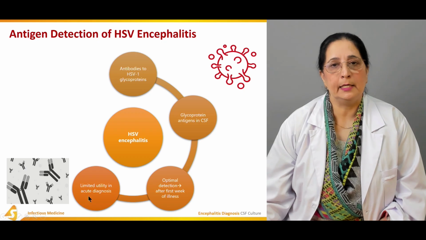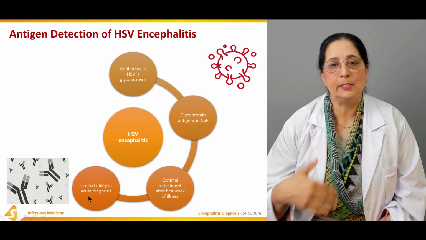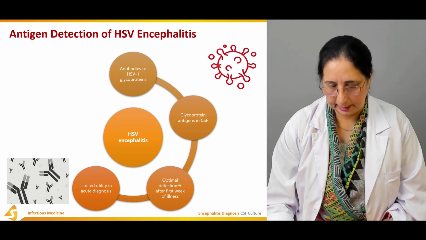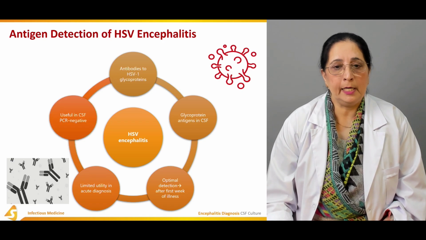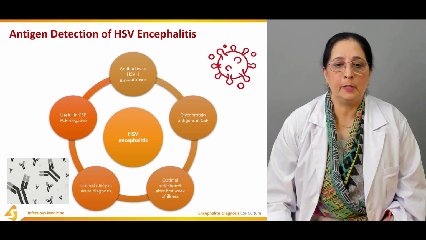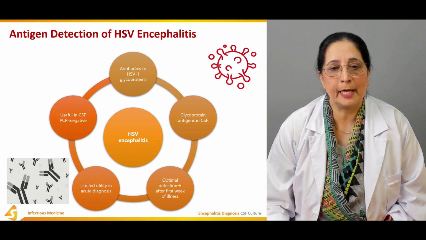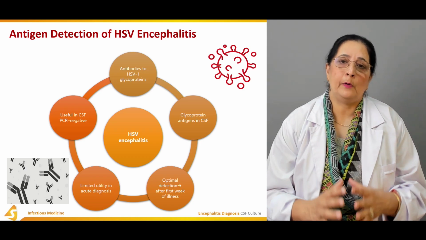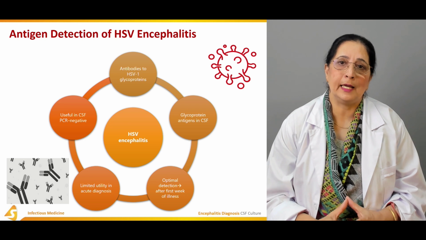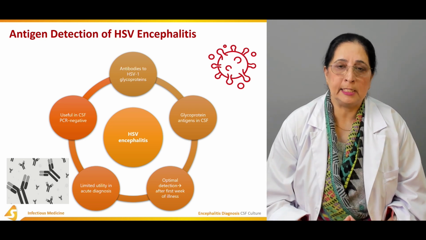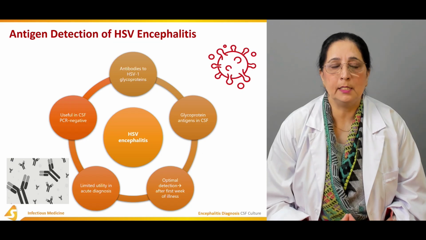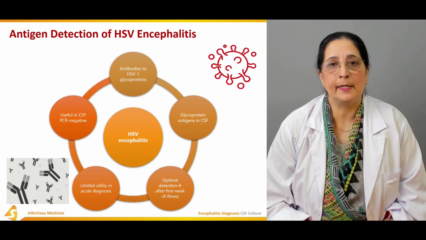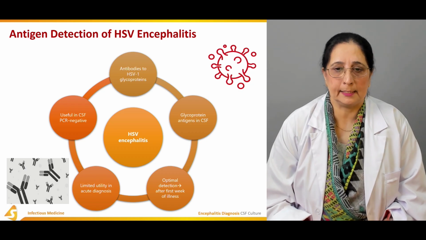It has limited utility in acute diagnosis because at least 1 week is required for the detection of these antigens. It is useful in cerebrospinal fluid polymerase chain reaction negative cases. So if the polymerase chain reaction is negative, detection of antigens and antibodies is very helpful in finding herpes simplex virus encephalitis.